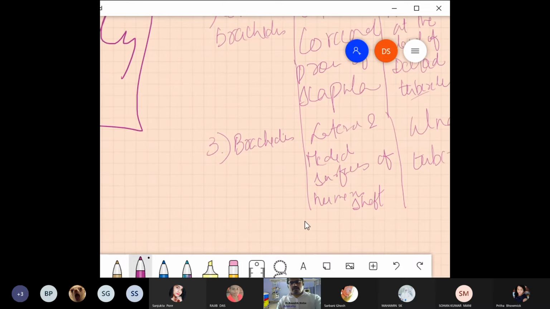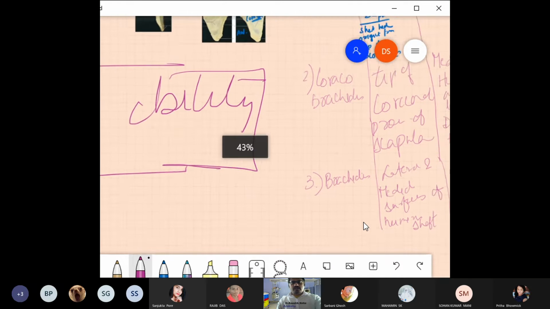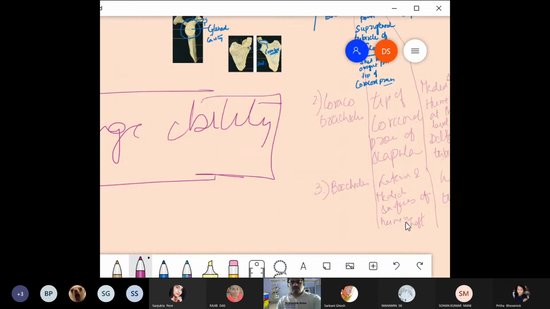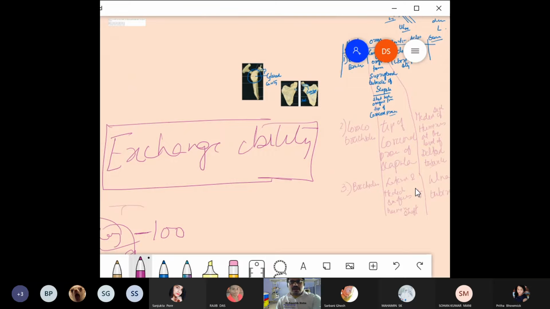Another thing needs to be added here. All these three muscles are present. All these three include the biceps brachii, the Coracobrachialis and the Brachialis.